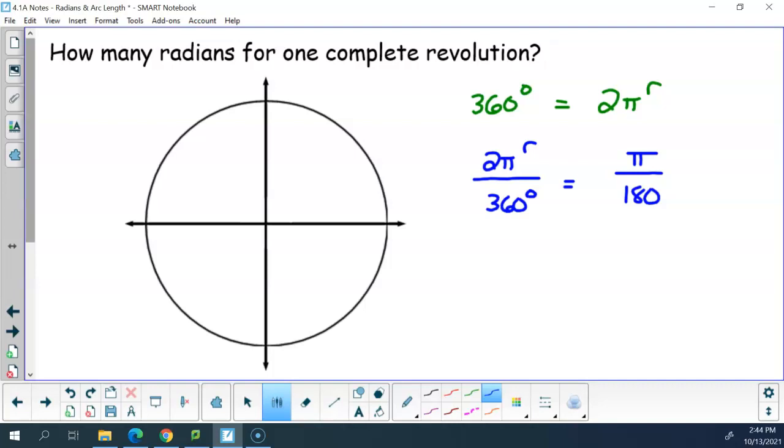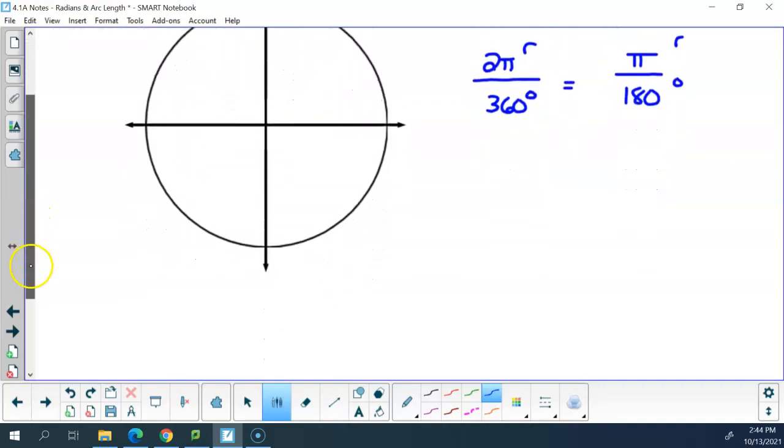Or if we reciprocated the entire process and went degrees over radians, we'd have 180 degrees over pi. This is going to be very beneficial for you, and one of those things that you should just flat out memorize.